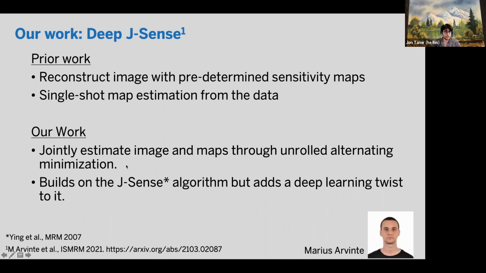And in our work, we jointly estimate the image and the maps by doing an additional unrolling of an alternating minimization. And this builds on the JSENSE algorithm, which is an approach in the MRI community for doing blind multi-channel deconvolution, but with a deep learning twist.